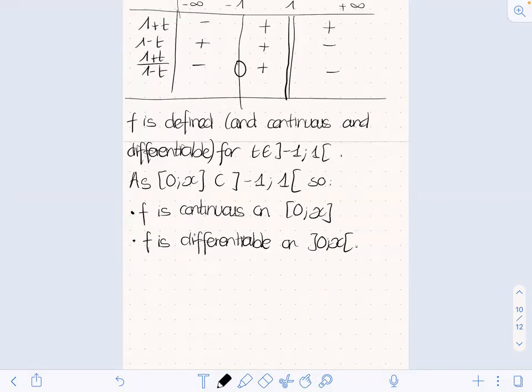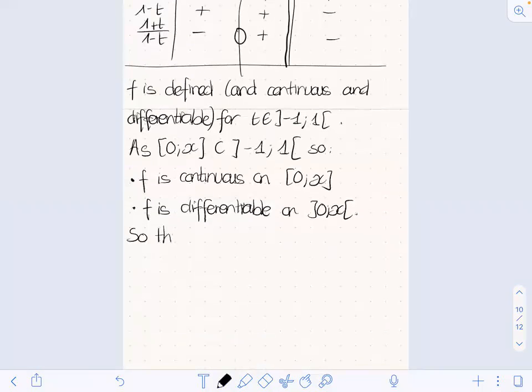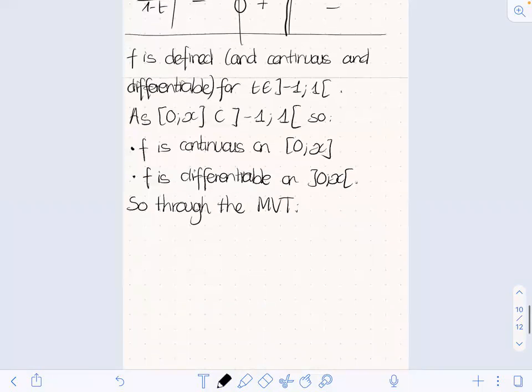So through the mean value theorem, just as above, we know that there exists some c belonging to the open interval (0, x) such that f of x minus f of 0 is equal to f prime of c times (x minus 0).